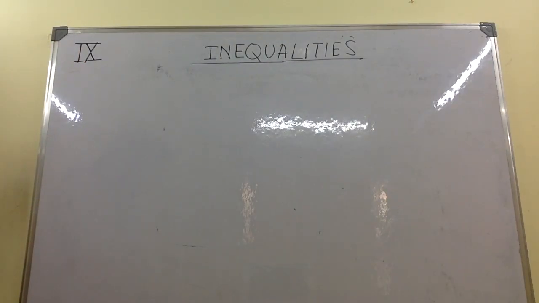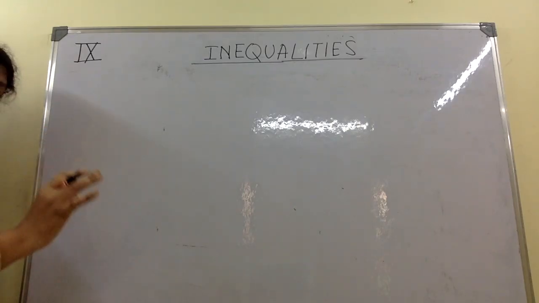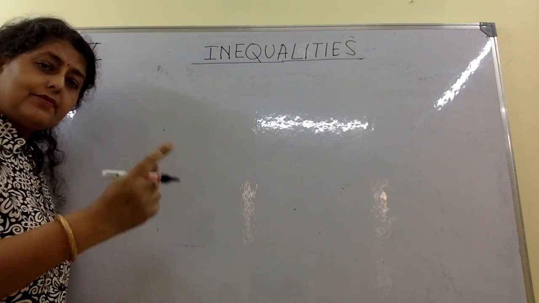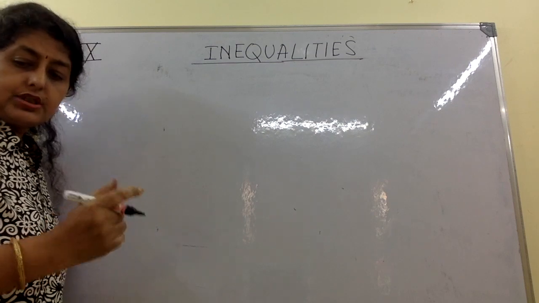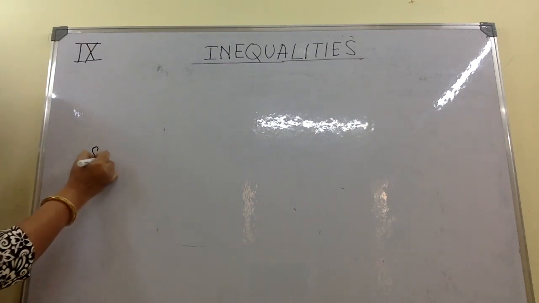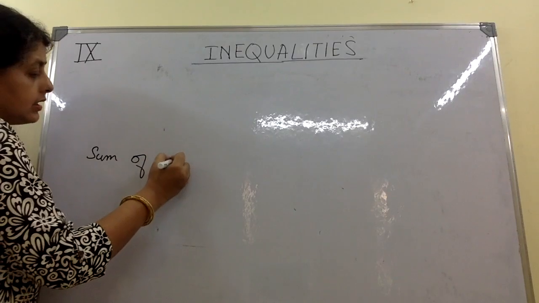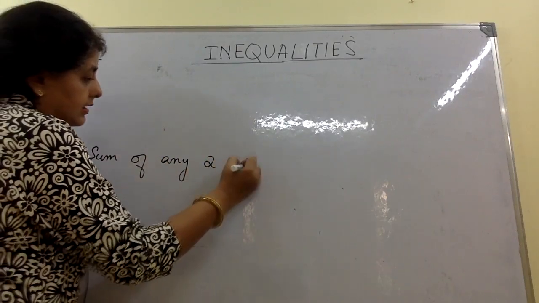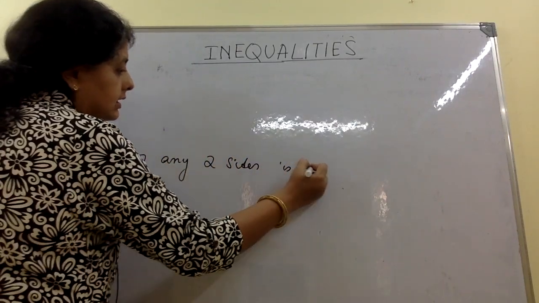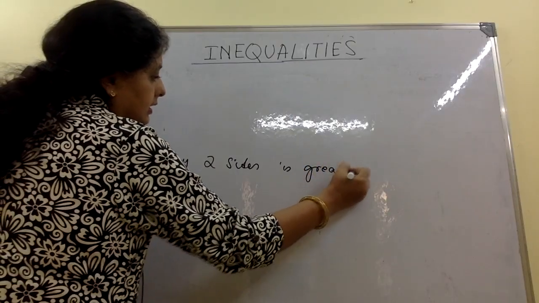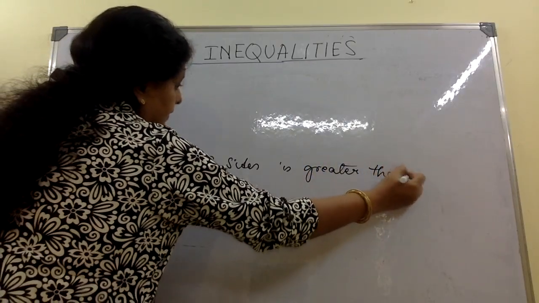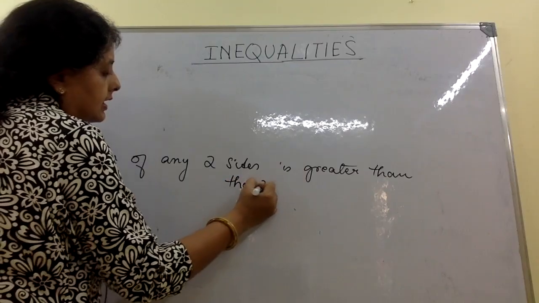Now we are going to do another new concept, which you have done in 8th standard also: the sum of any two sides of a triangle is greater than the third side.